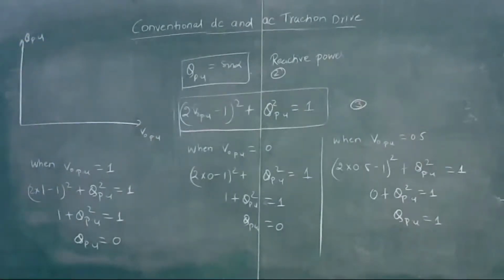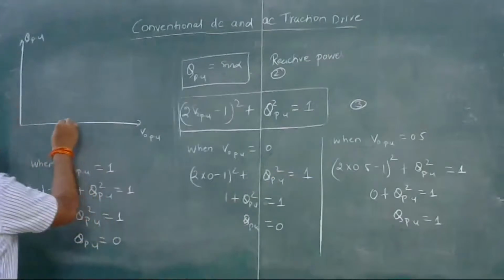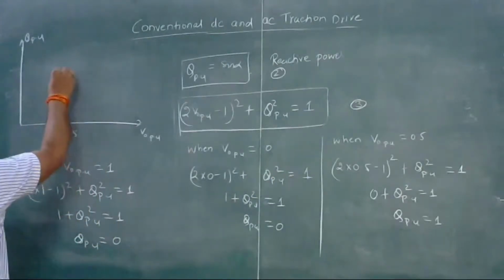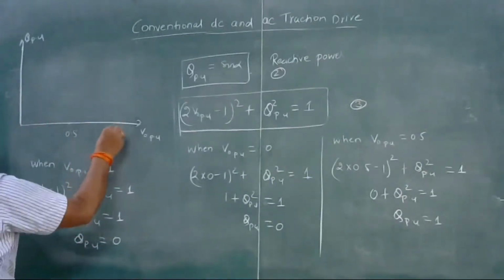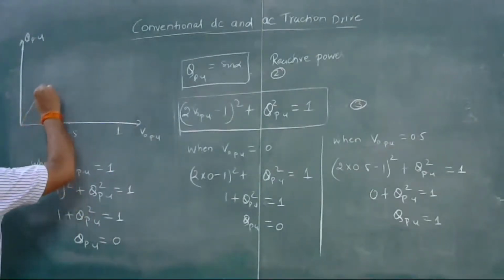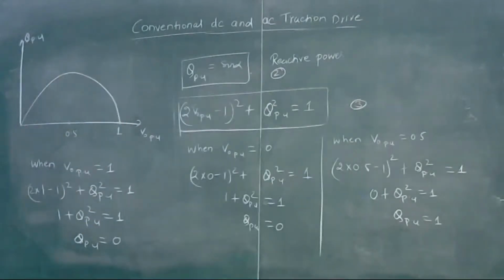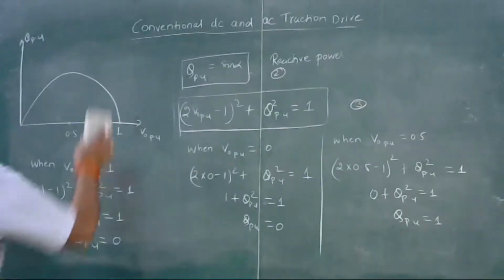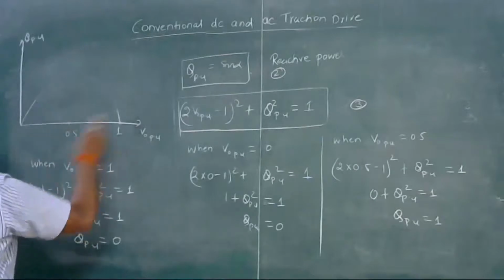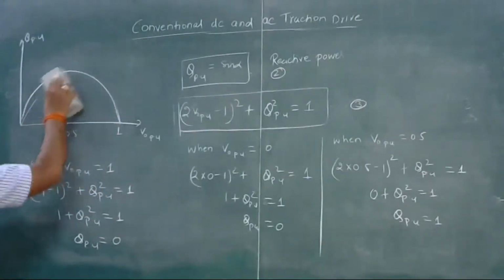Okay, so when V_out is 0, Q is 0, and at half it is maximum, and again at 1 it is 0. So this will be the curve, like this.